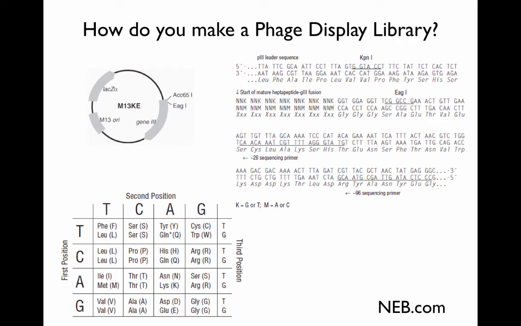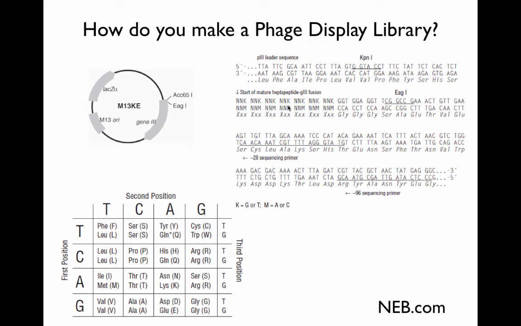How do we make a phage display library? Well, I don't, but New England Biolabs does. And this again illustrates genotype equals phenotype. This is the P3 leader sequence, so this is the P3 protein, coat protein, and this with the NNM or NNK is the random peptide. So one phage gets one sequence that encodes for one peptide sequence.